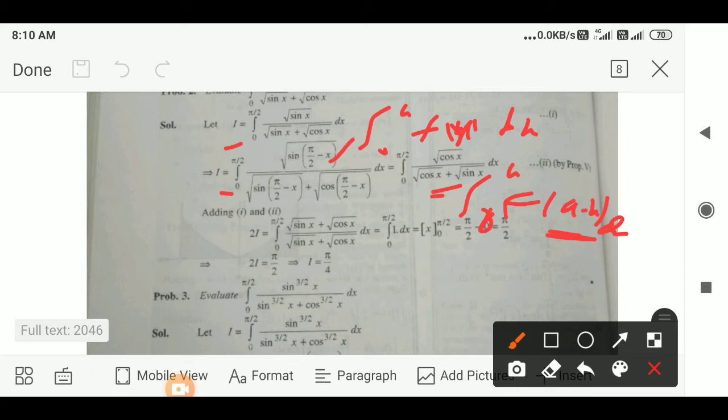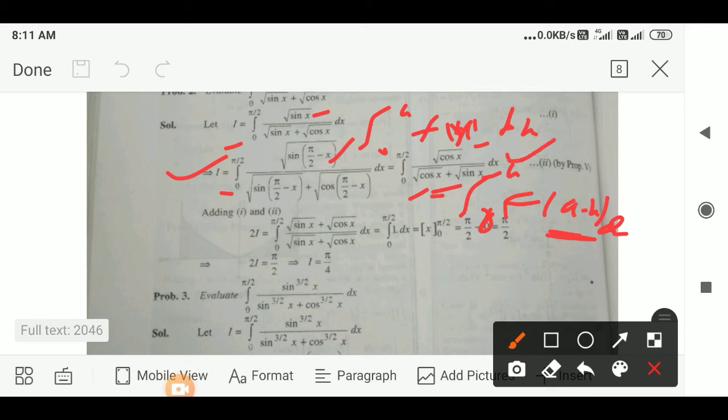So replacing each x by pi by 2 minus x, we get this result. Now sin of pi by 2 minus x is cos x, so under root sin becomes under root cos x, and cos of pi by 2 minus x is sin x. So we have again I equal to this value.